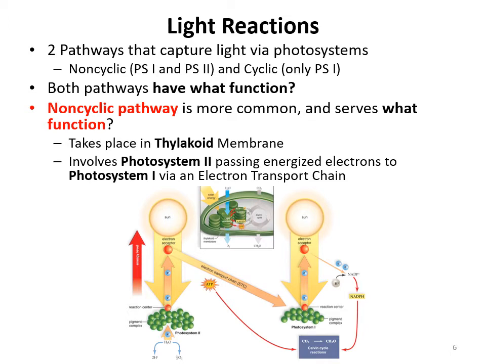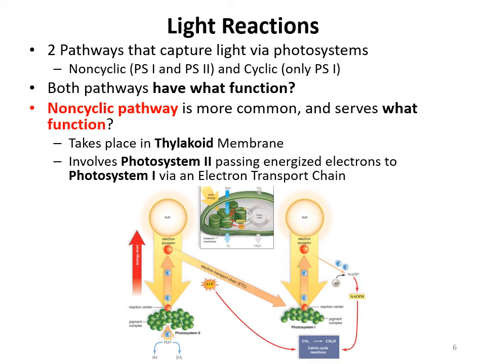Now, both of these pathways have the purpose of producing ATP, which you know is the ultimate goal in a lot of things. That is the usable energy for cells. And whenever you hear ATP, remind yourself that the energy is in those phosphate bonds.